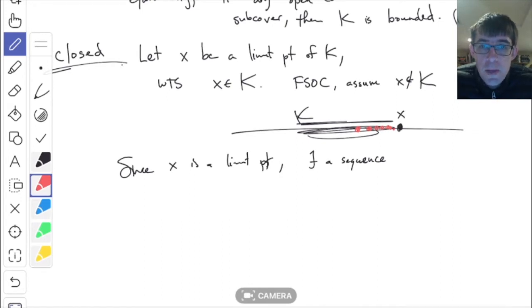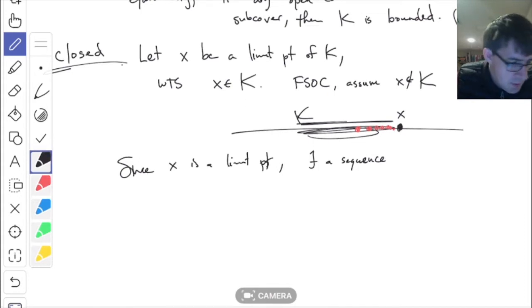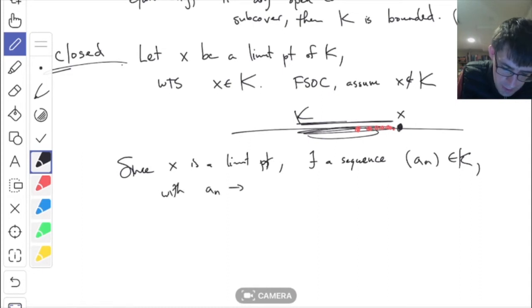X is a limit point of K means you can find a sequence in K of points which approach X. So there exists a sequence, maybe I'll call it a_n, in K, and the limit of those is X. a_n approaches X.